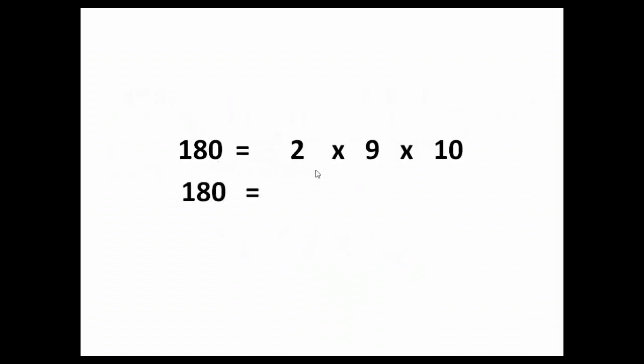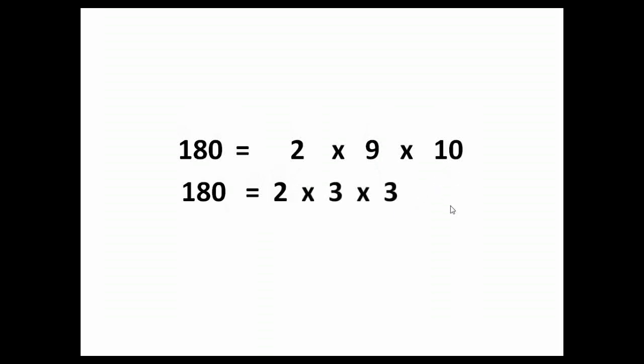So 180, if you observe the factors, we see that 2 is a prime number, whereas 9 and 10 are not prime numbers. Means they are composite numbers and we can further factorize them. Means they have more than 2 factors. So if we further factorize them, 2 will remain 2 and 9 we can represent as 3 times 3.